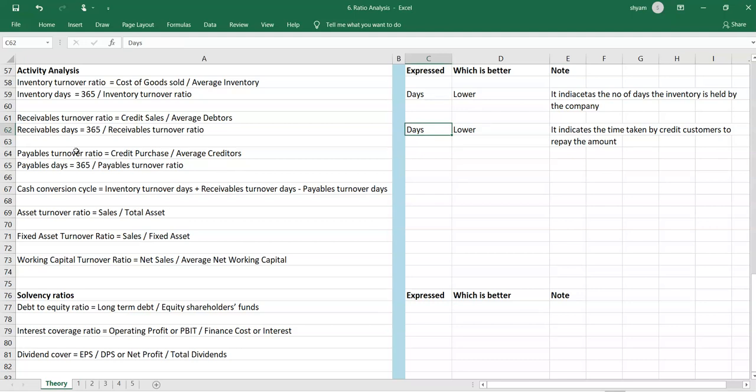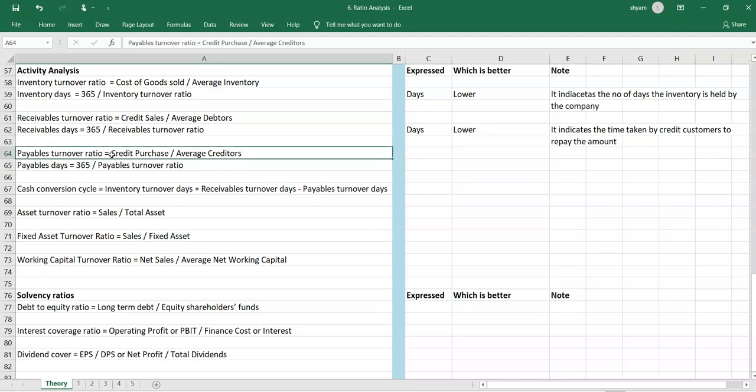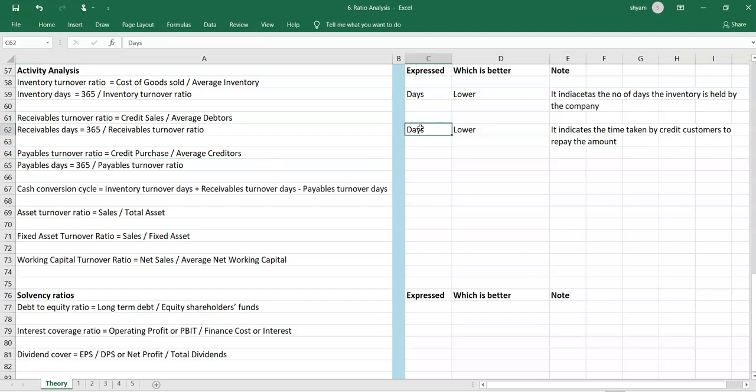The next one is payables turnover ratio, where the formula is credit purchase divided by average creditors, and payable days equals 365 divided by payables turnover. This ratio is also indicated in days, and here the higher is better. Why is it like that?